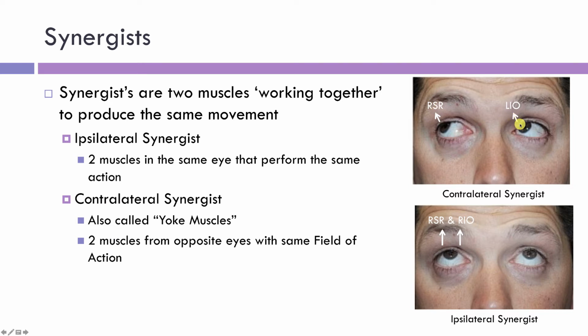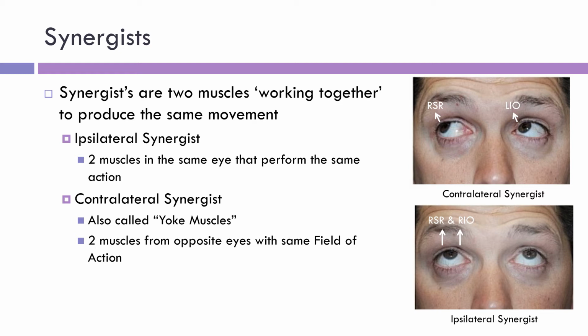This eye's got to come too. So they're working together to achieve elevation in right gaze. So the left inferior oblique is the contralateral synergist to the right superior rectus. We say contralateral because it's in the opposite eye.